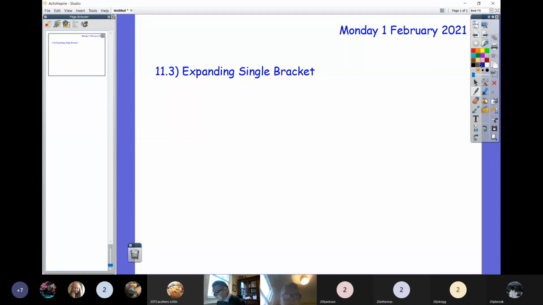Okay. Now, whenever you see it says expand, or it might say multiply, you've got to think in your mind that you are getting rid of the brackets.